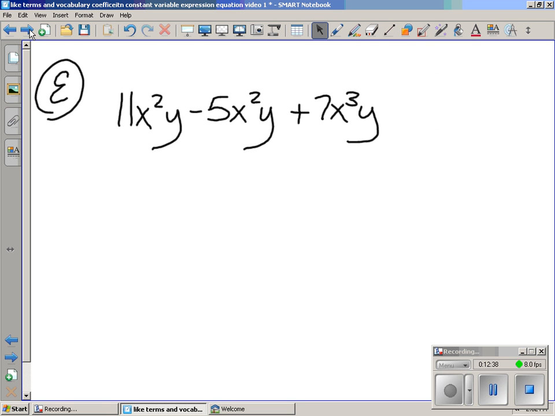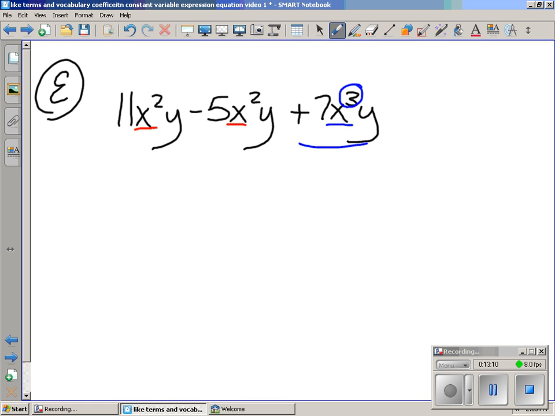Letter E. It gets a little more complicated. So now what we do is we look at this and you might say, right, they all have x's and y's, so they're all like terms. That is not true. You have to individually look at each piece. You'll see that 11x squared y and -5x squared y have an x to the power of 2. 7x to the third y has a power of 3 on the x.